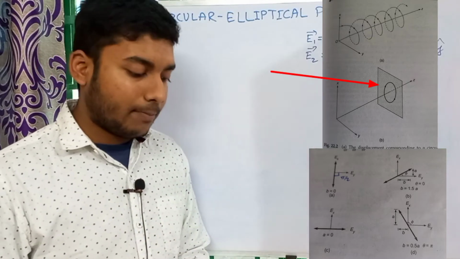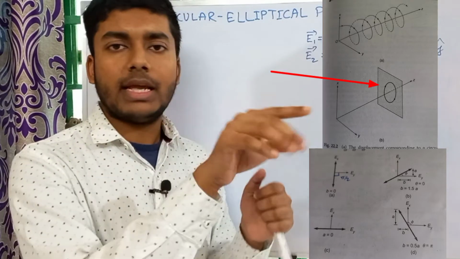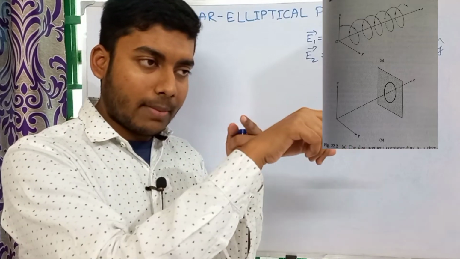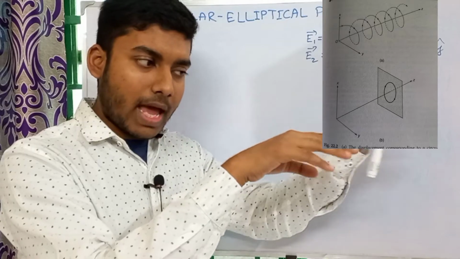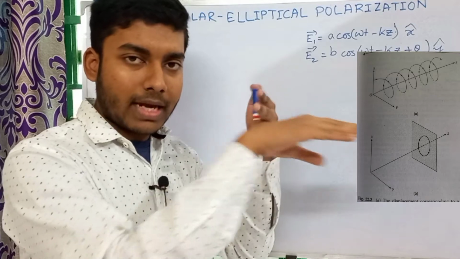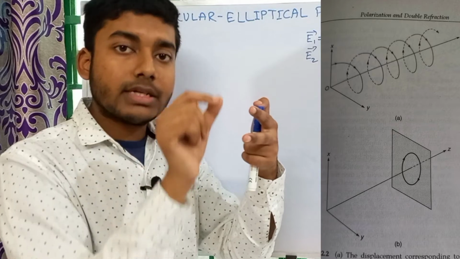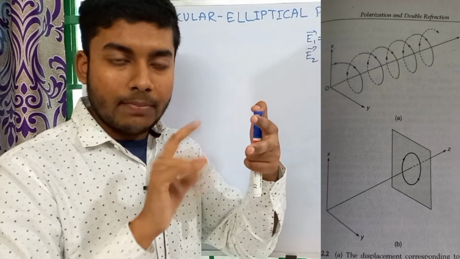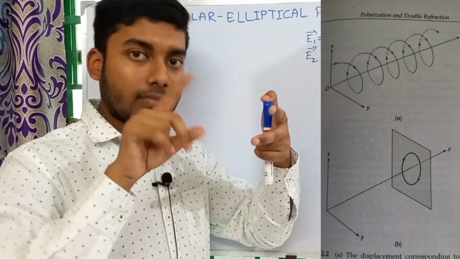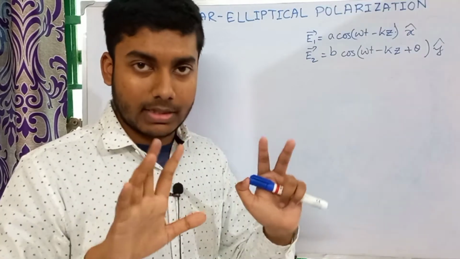To calculate that we have to place a plane, right? As light is propagating in some direction, suppose in this direction, if we place a plane perpendicular to the direction of propagation, then the electric field vectors will lie in that plane, and when we observe that plane we can easily understand the trace of the electric vector, the vibration of the electric vector.